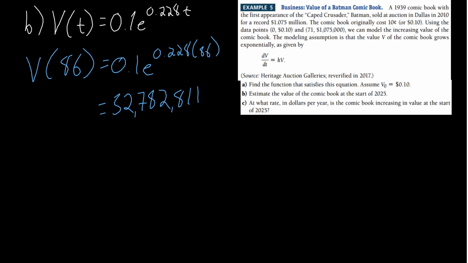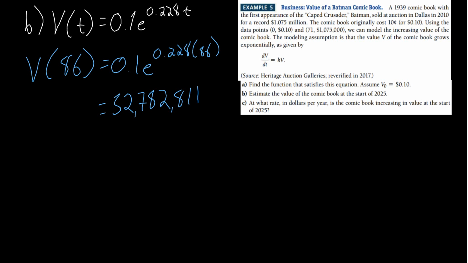So if you were to base the value of this comic book exponentially, then in 2025 it will be worth 32 million. And of course, if somebody bought this comic book in 2010 for a little over $1 million, 15 years later they could sell it for $32 million, so they can get $31 million of profit.